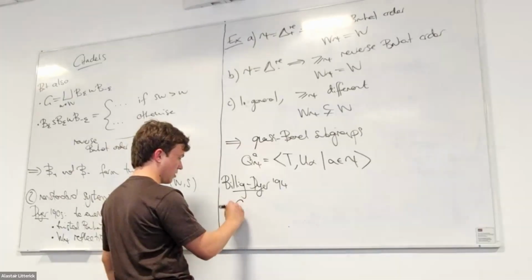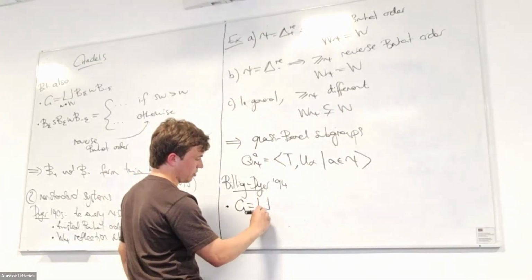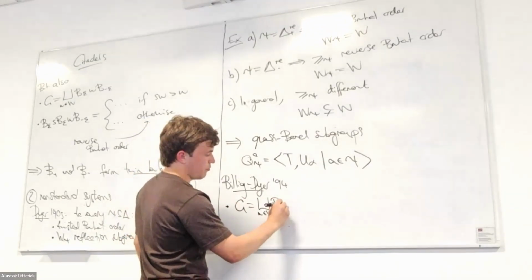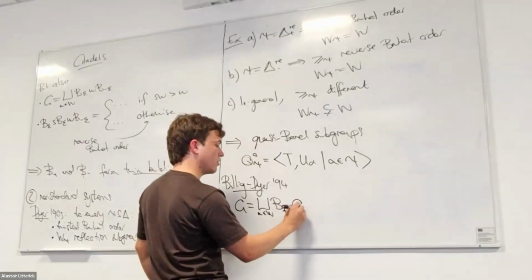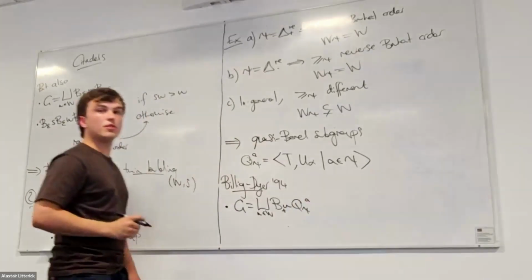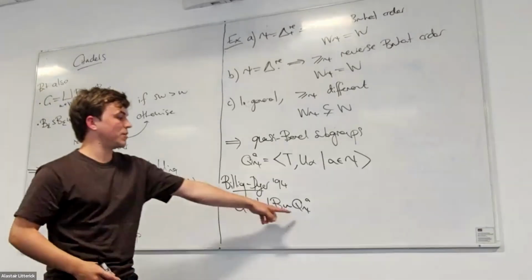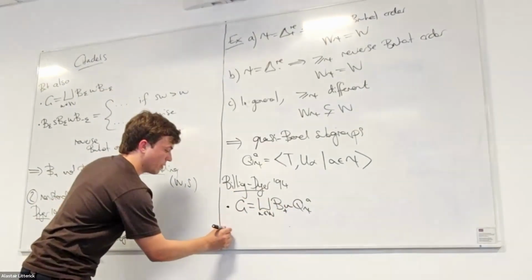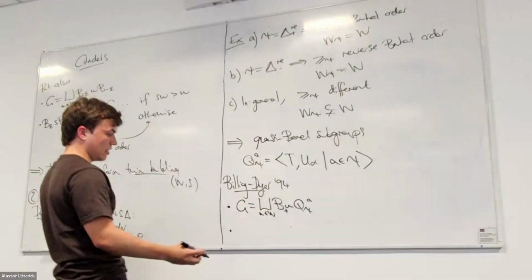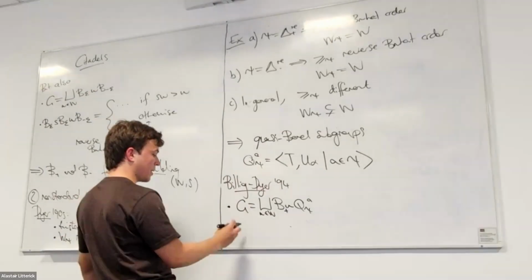So they say G is the disjoint union of B plus w Q psi, like this. So there is a W-valued map now between these two coset spaces. And how does it behave with respect to multiplication? Well, they only do the left multiplication.